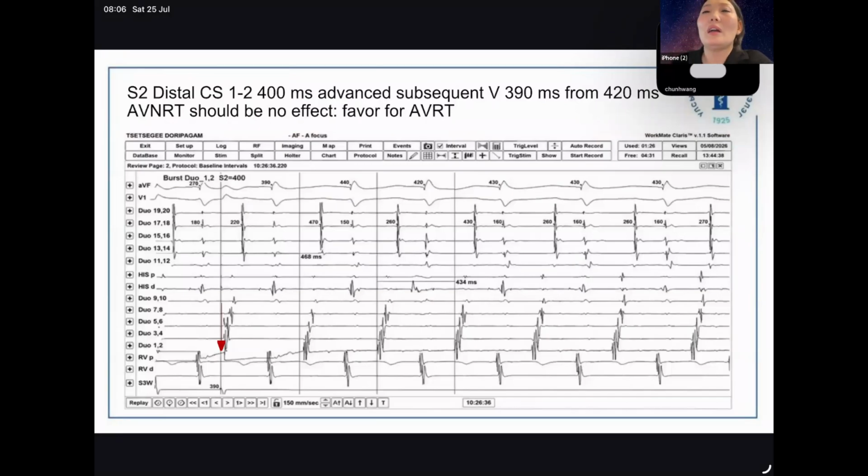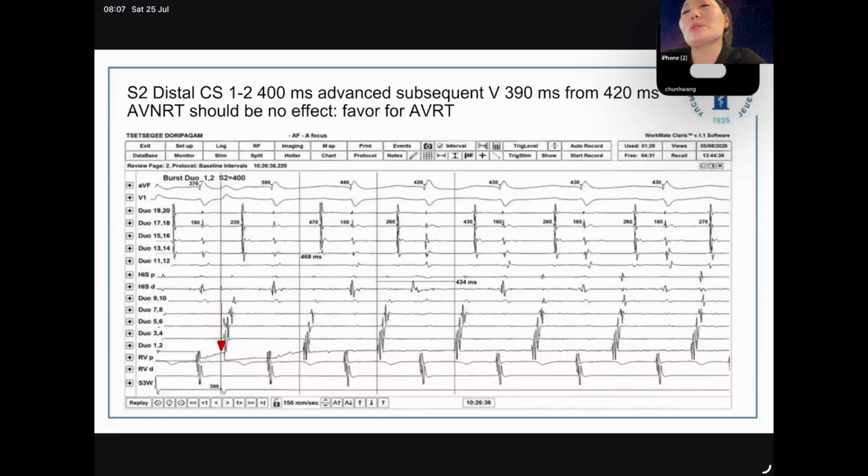Then we tried to reset the ipsilateral side. This one is coronary sinus distal, 400. We paced 400, and we can advance the subsequent V, 3019 from 2030.